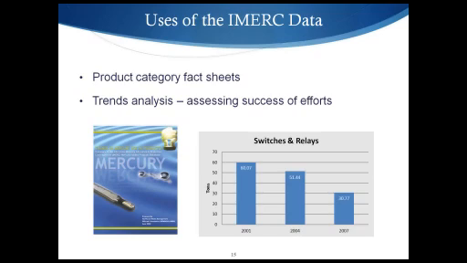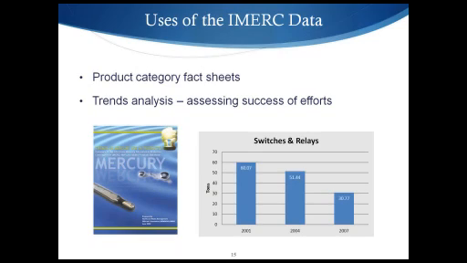Some of it's just known by the IMERC staff that have been working on this for so long, or the state representatives that know all this information inherently. So what we've done is take this information a little bit further and develop product category fact sheets and trends analysis so that the public can actually understand in clearer language and really combining all of this data into larger numbers what this actually means.